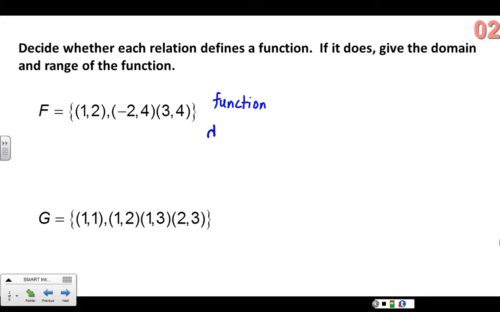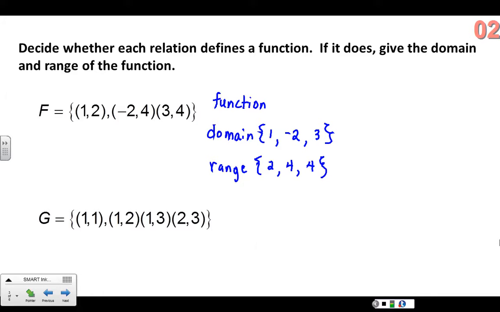So the domain is going to be the points 1, -2, and 3. And the range of the function will be the y coordinates. So 2, 4, and 4. And it does not matter if your y values repeat themselves. It only matters if your x values repeat themselves.